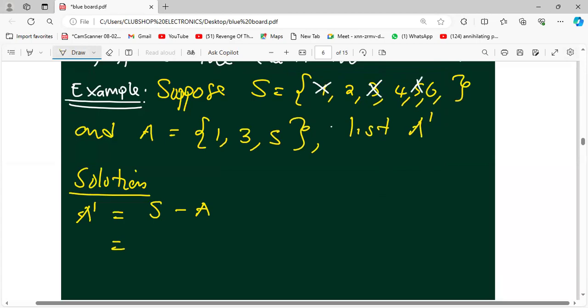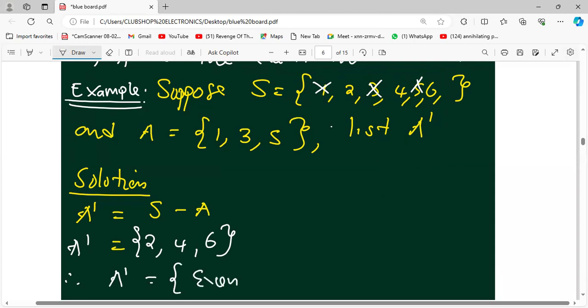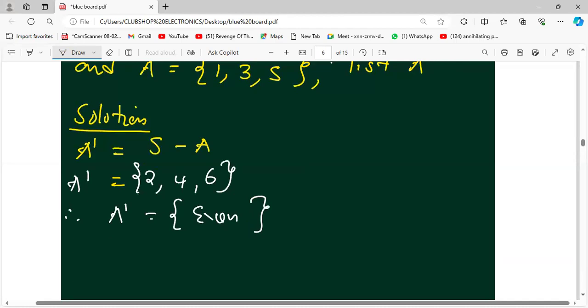What do we have? 2, 4, 6. This is A complement. Therefore, A complement is just the same as the set of even numbers in that set.